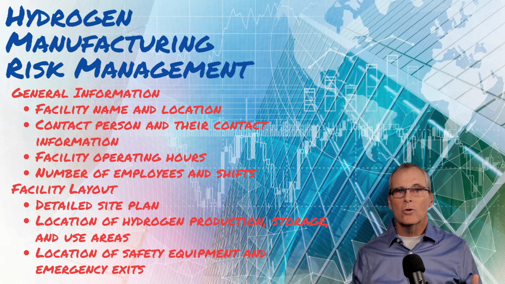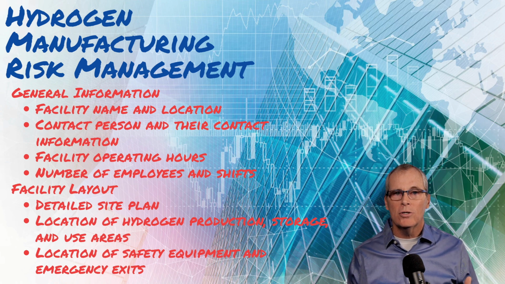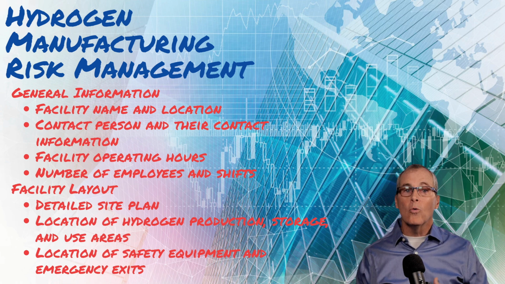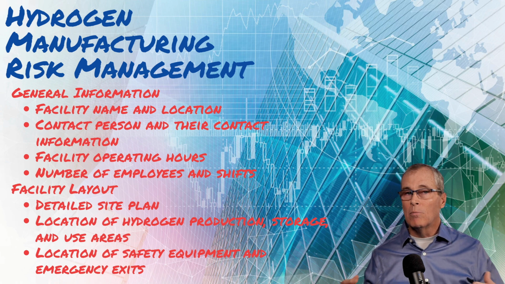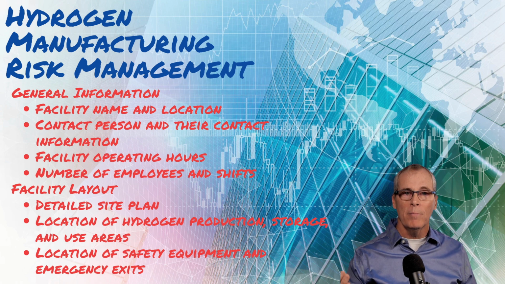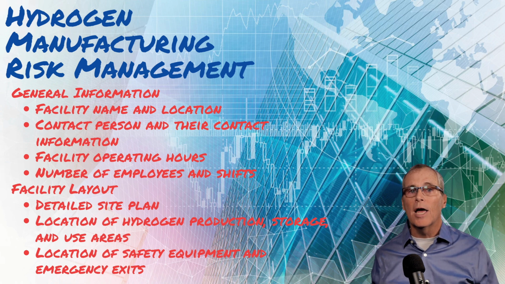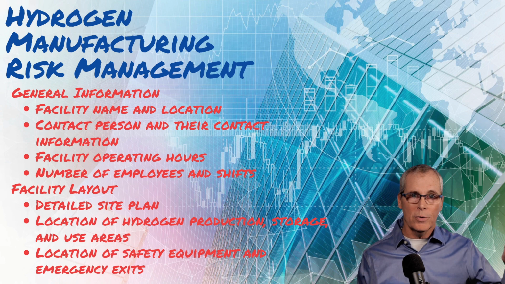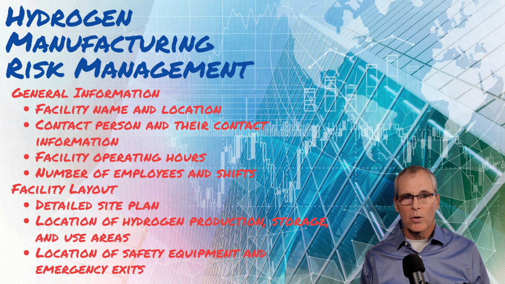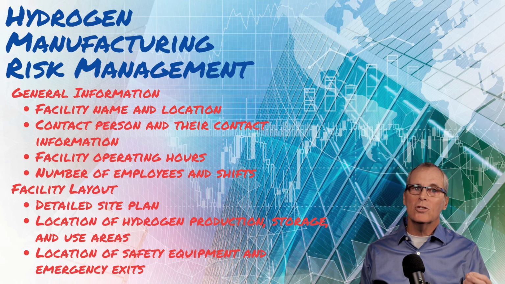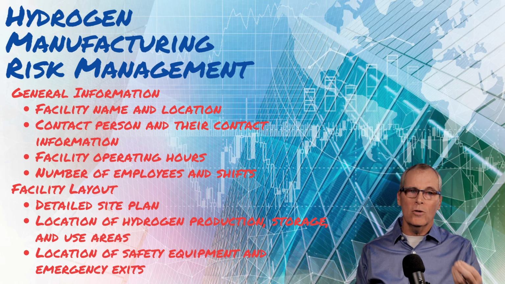Some insurance companies restrict their engineers from providing too much detail in their reports, but when we're writing risk engineering reports, marketing reports, or anything that's going to go to the client to help them manage risk, it really needs to have all this information. It can't just be a report with this is a hydrogen plant and here's all your recommendations. Okay, those are what insurance companies can write, but risk engineers who really want to provide value will provide a lot more information.